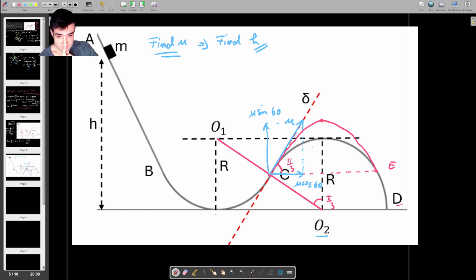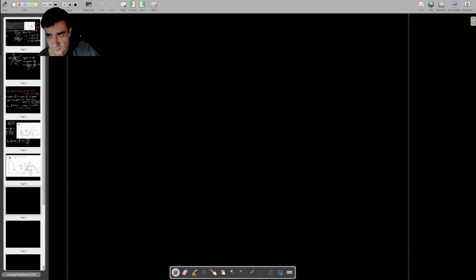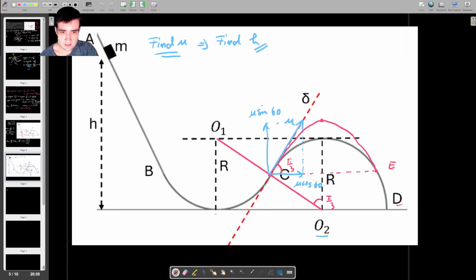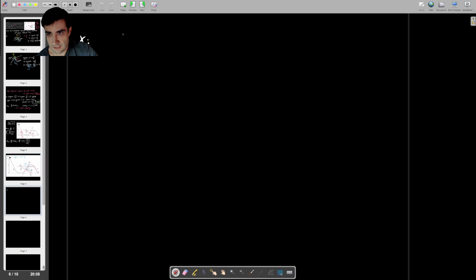Okay, so let's figure out the equations of motion, and based on that we can then find the velocity u that it started with. We can use the SUVAT equations quite easily, I think. For the x direction, the horizontal distance, which is the distance from C to E, we say that x is equal to u cosine of 60 multiplied by the time.